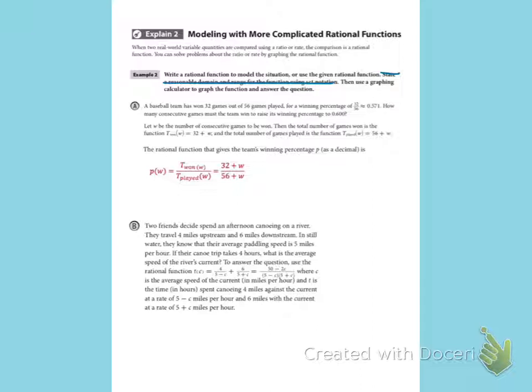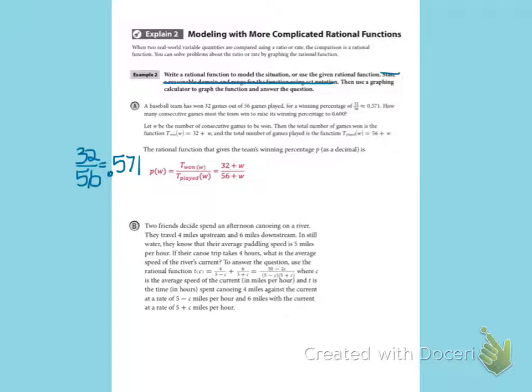So a baseball team has won 32 games out of 56. So again, to start, they're 32 out of 56. And that's their record. And so that winning percentage is 0.571. So just taking how many games they've won out of how many games they played, 0.571.